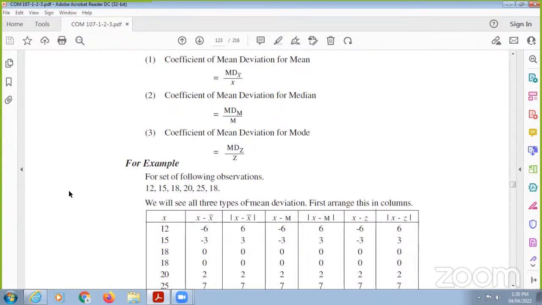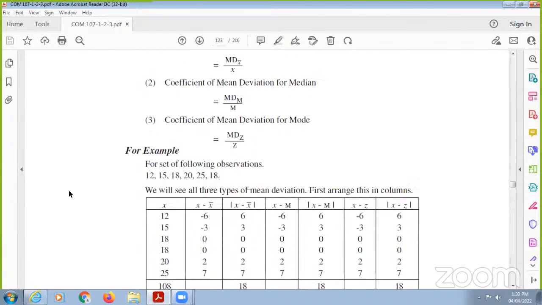Here you will find that 12 minus 18 is minus 6, then 15 minus 18 is minus 3, then 18 minus 18 is 0, 18 minus 18 is 0, 20 minus 18 is 2, then 25 minus 18 is equal to 7. In the third column, x minus x bar, here we have to make it positive.